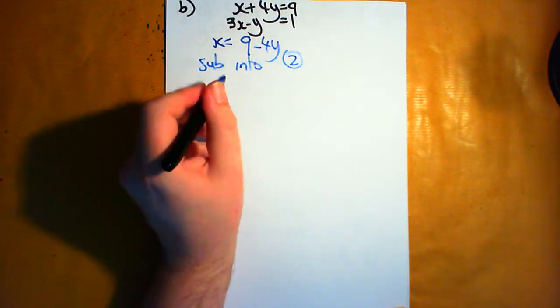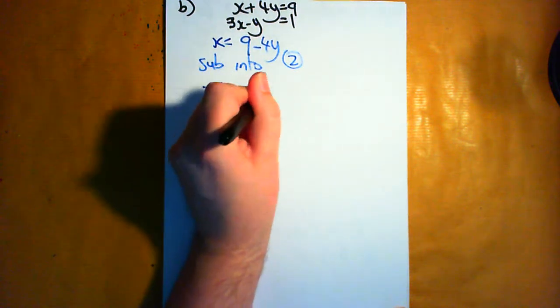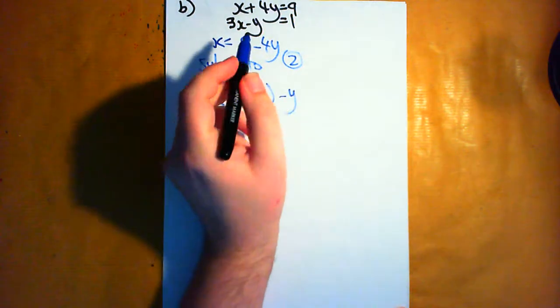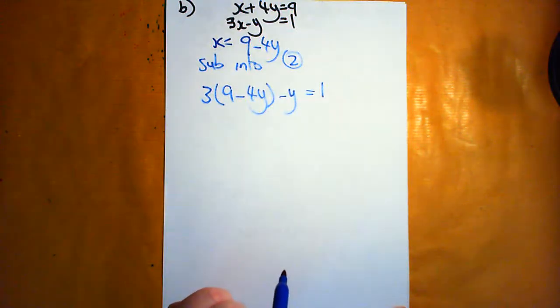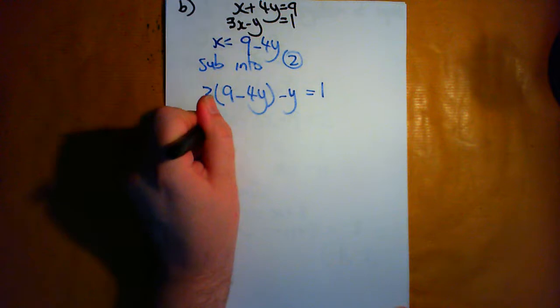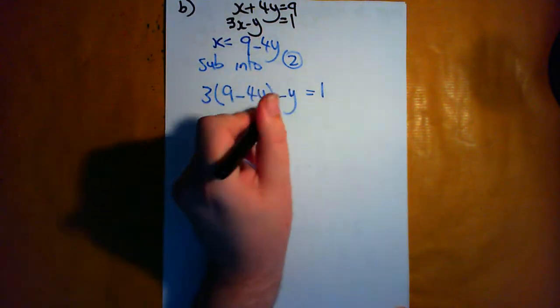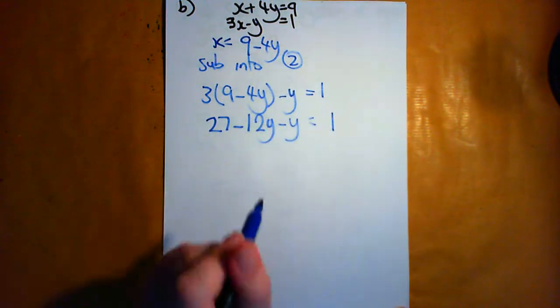Well, x is, we've just found, 9 minus 4y, and that minus y, so we're putting it into equation 2, equals 1. So let's multiply the 3 into the bracket. So we get 27 minus 3 times 4 is 12y. Then we get minus y equals 1.